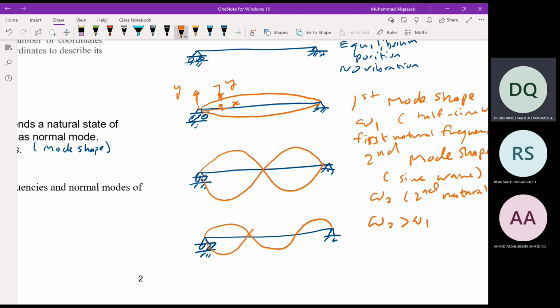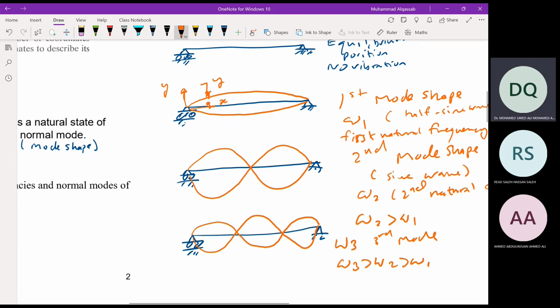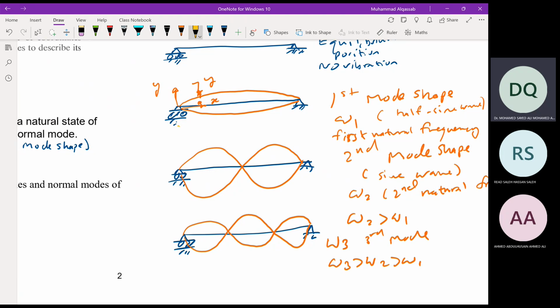Or it will vibrate this way. And so on. So this is omega 3 here. This is third mode, and so on. And omega 3 is greater than omega 2. So omega 1 is called the fundamental or lowest natural frequency, or fundamental.